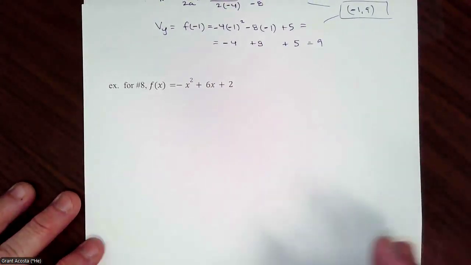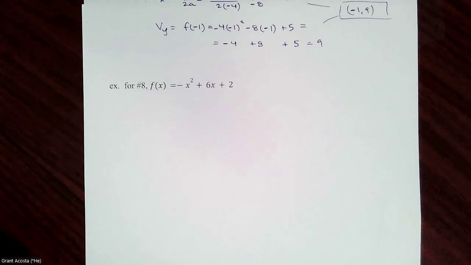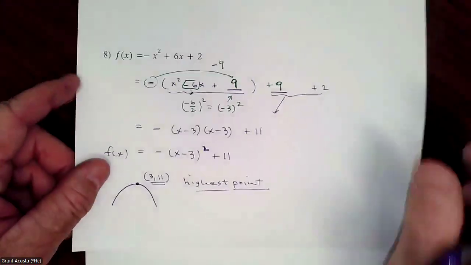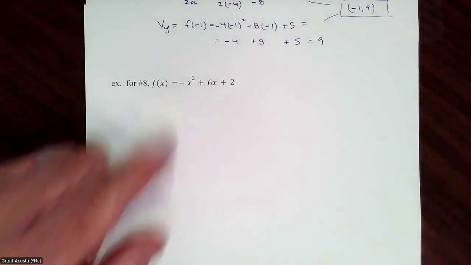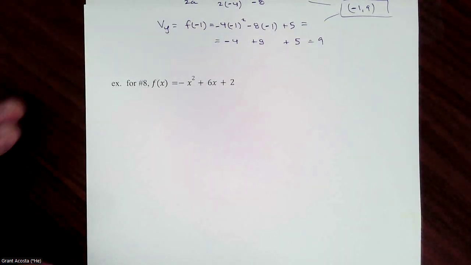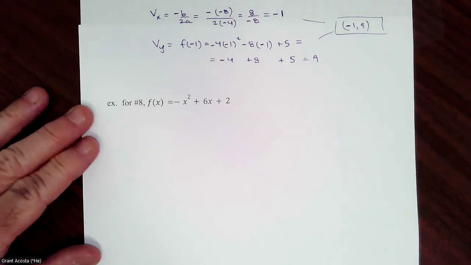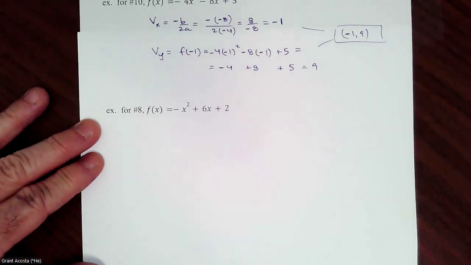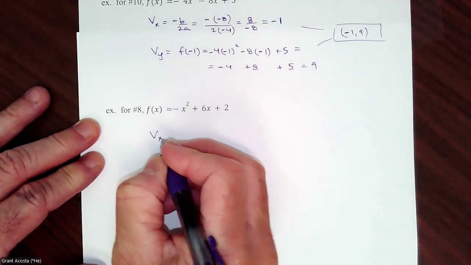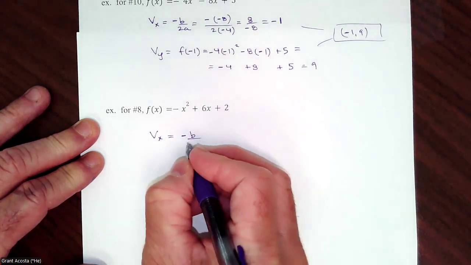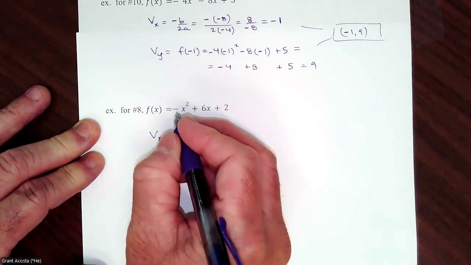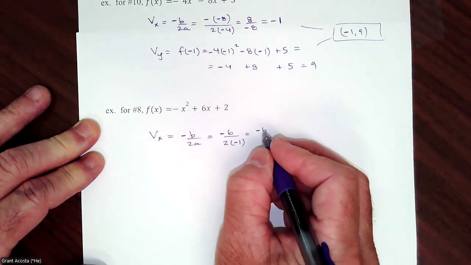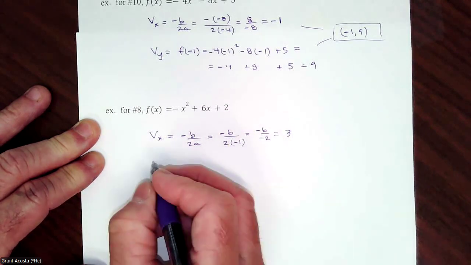We also found on number 8 that the same parabola had a vertex of 3, 11. So pause the video, see if you can use this new technique to confirm that the vertex was 3, 11. V sub x is negative b over 2a, negative 6 over 2 times negative 1 is negative 6 over negative 2, which gives me positive 3.